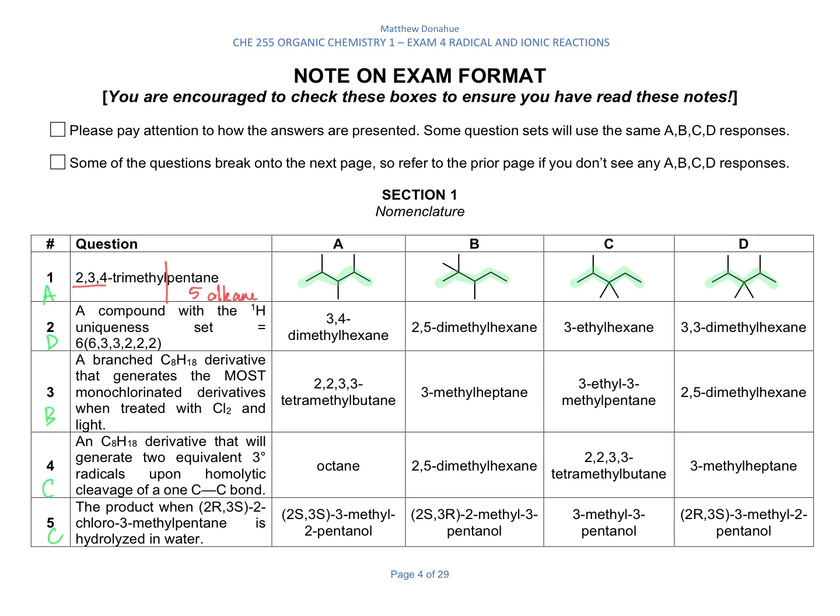So we can't eliminate anything based on the count. What we have to do is see where the substituents are on that chain. As we number 1, 2, 3, 4, 5, we can see that the 2, 3, and 4 positions are methyl groups. So that's going to be the correct answer.